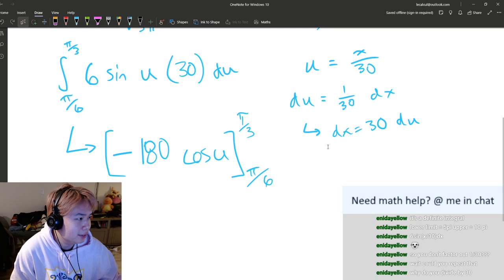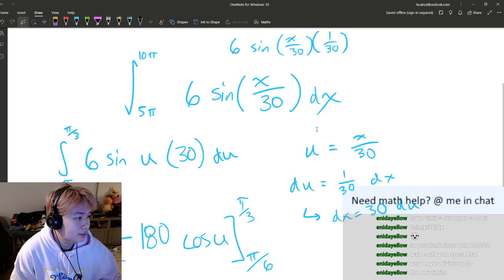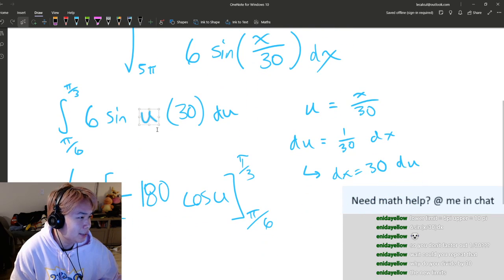Why did I divide by 30? I didn't divide by 30 anywhere. Because these are for x. My variable is u.